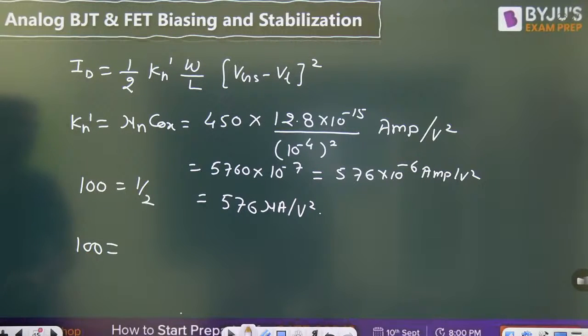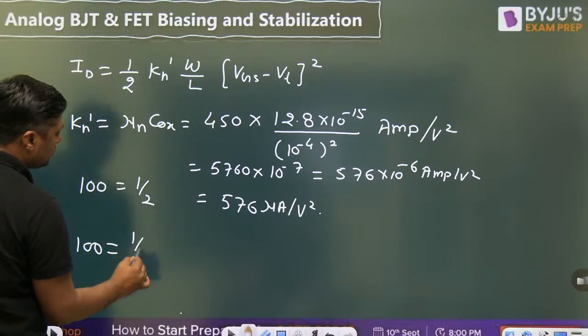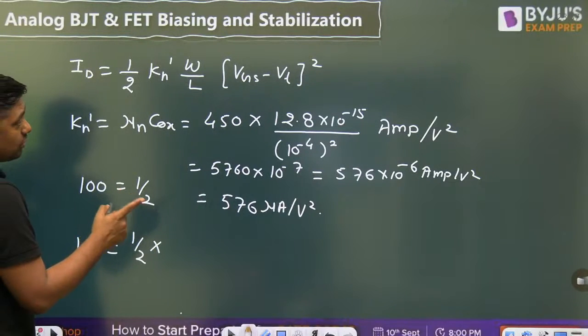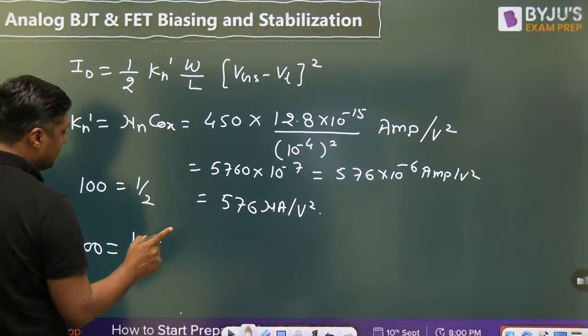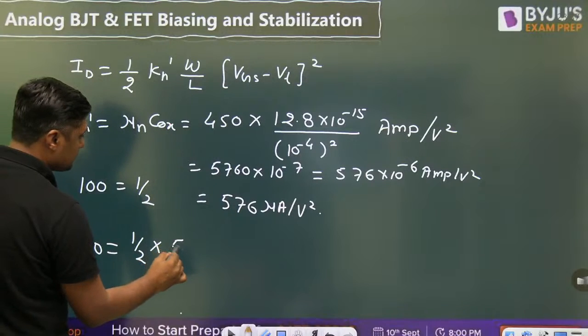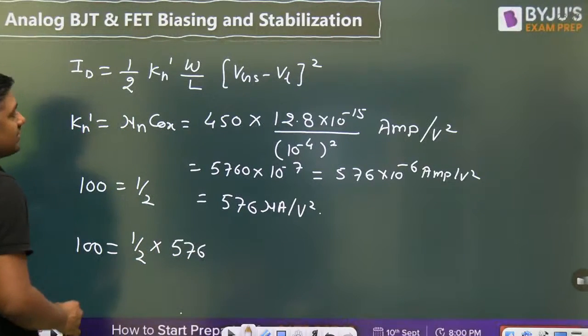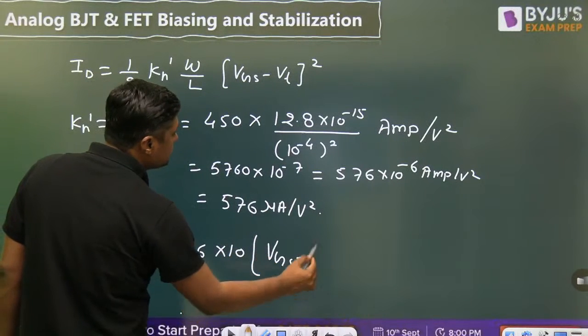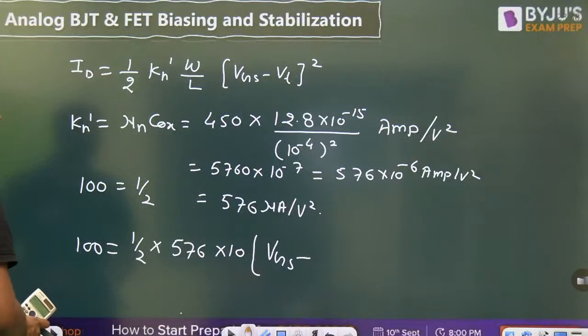100 is equal to 1 by 2 into K and S. You can check my calculation also. Then it will become 576, and this is nothing but 10. What should be the value of VGS minus VT?